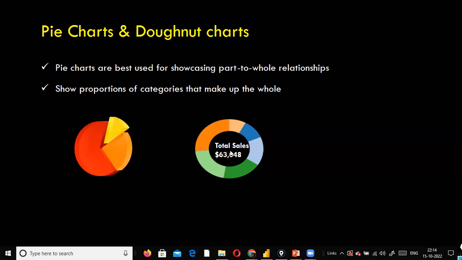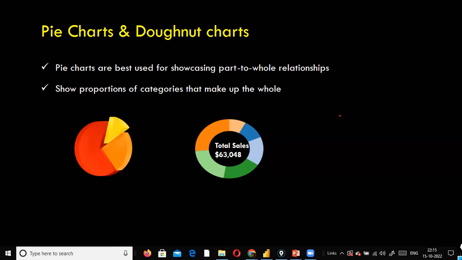The donut charts are best used to compare a particular section to the whole rather than comparing individual sections with each other. The same is applicable here. The sum of the donut chart values or the pie chart values must add up to 100%. So it is best used to compare a particular section to the whole. This is the thing that you need to remember.